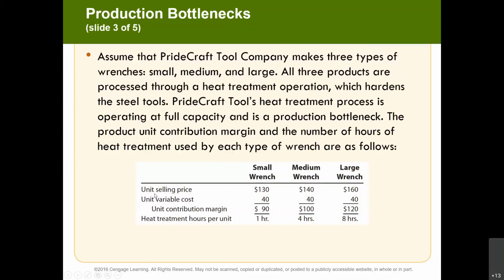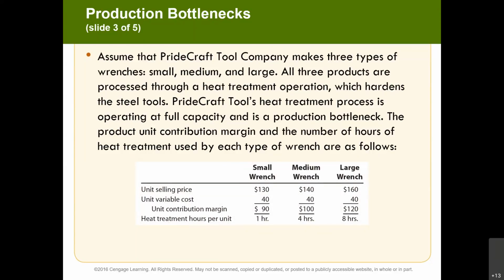So let's look at this from an example. Let's assume that this company makes 3 types of wrenches: small, medium, and large wrenches. A wrench, as you know, is a tool that we use to fix stuff. So all 3 products are processed through a heat treatment operation, which hardens the steel tools.